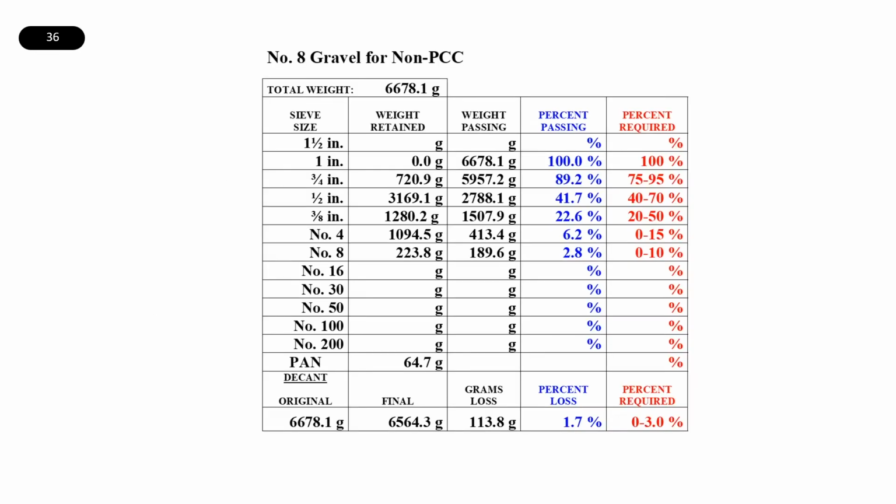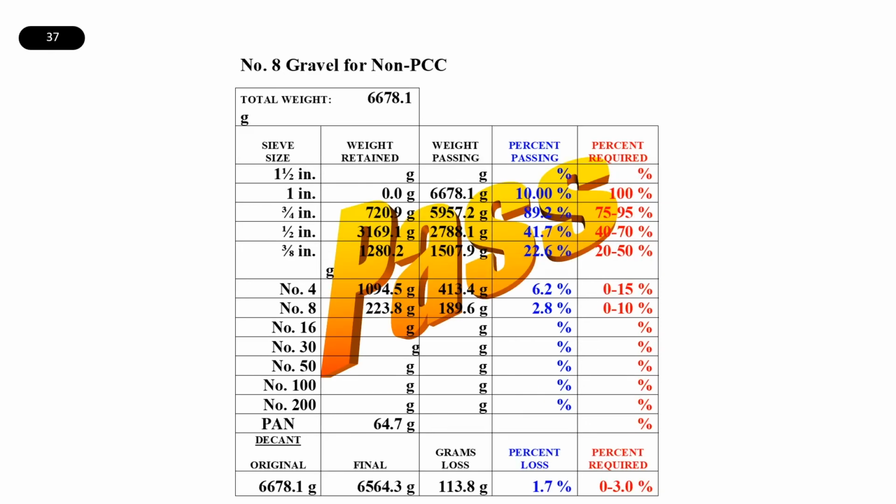Comparing the percent passing column shown in blue with the percent required column shown in red, line by line, sieve by sieve, we see that the results are within the percent required in the specifications. Therefore, we would say that this sample passes the specifications.